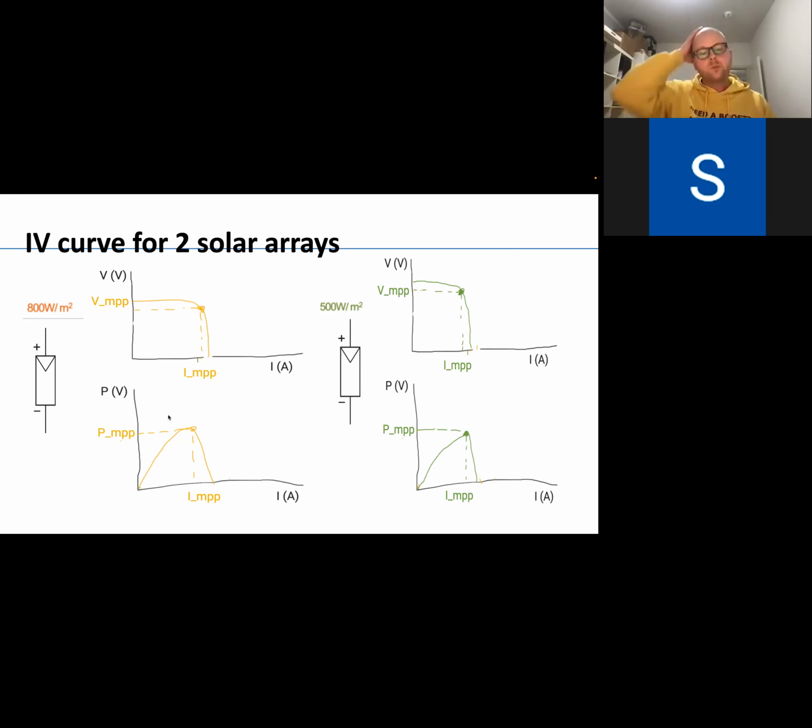Now, if we put those two solar cells in series with each other, or one solar cell is actually multiple, what we then see is that we add up the voltages, and the current graph stays the same. On the next slide, I added the voltages of the two graphs, and then we got a new graph.